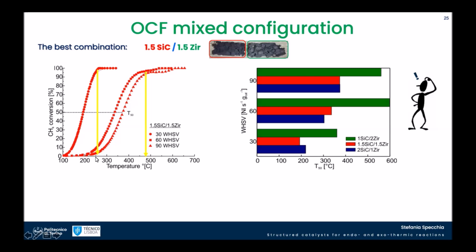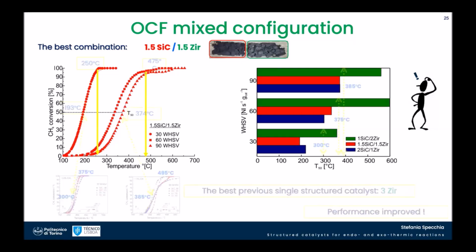So much better compared to any single combination. And here you can see the T50, so 50% conversion of methane, for the different combinations: 1/3, 2/3, or half and half. You see that the best combination is when we use exactly half SiC and half zirconia.